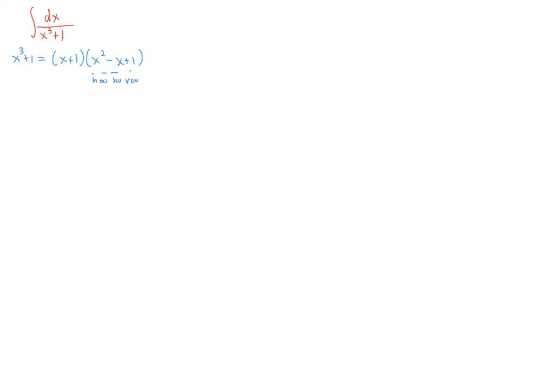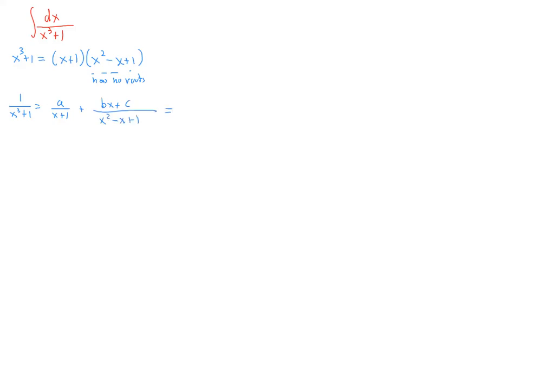So this dictates a partial fraction decomposition that looks like this. So 1 over x cubed plus 1 should be a over x plus 1 plus bx plus c over x squared minus x plus 1.